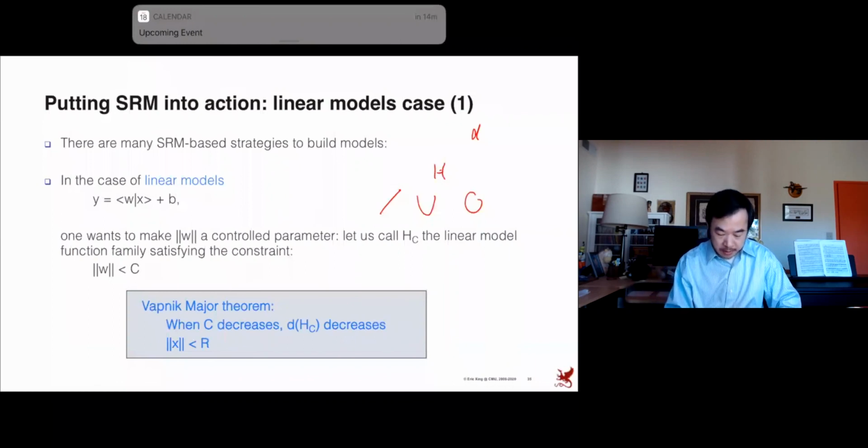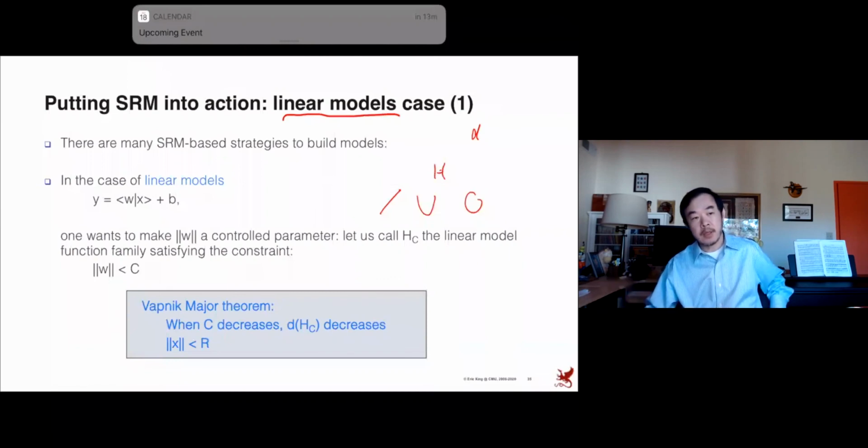So here is a method people often use to allow you to stay within the linear models, okay, and then control the structural risk, because even in linear models you could still run into what is known as a feature selection problem.